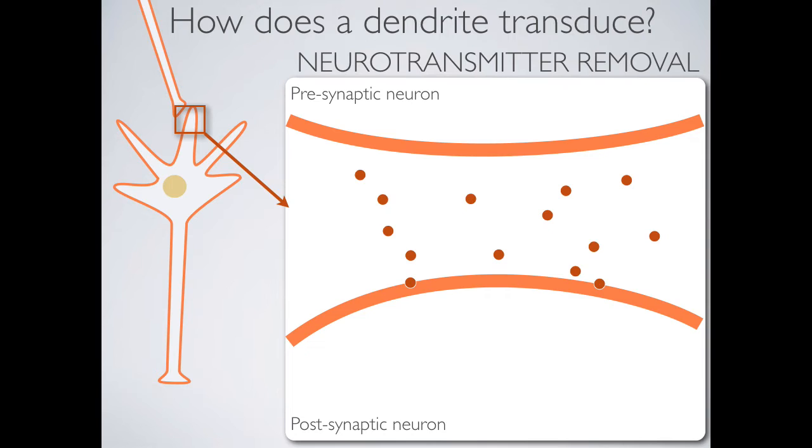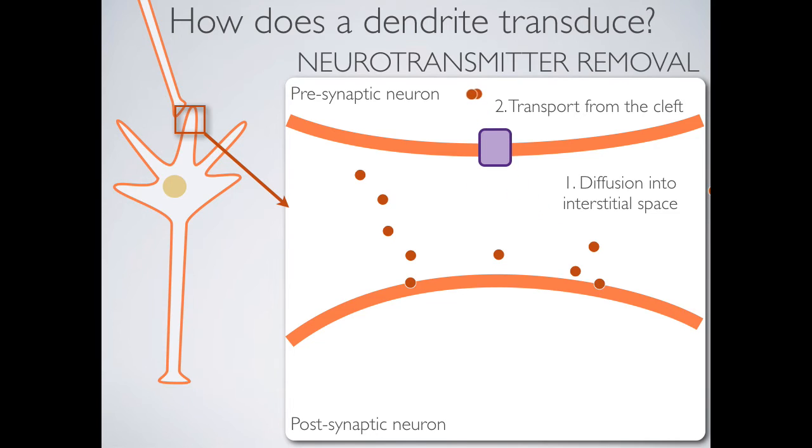So this is done a few different ways. First of all, this is just an interstitial space between cells, and so the neurotransmitter will just diffuse away from the cells and be lost. The second is that there are proteins that transport the neurotransmitter from the cleft back into the presynaptic neuron.